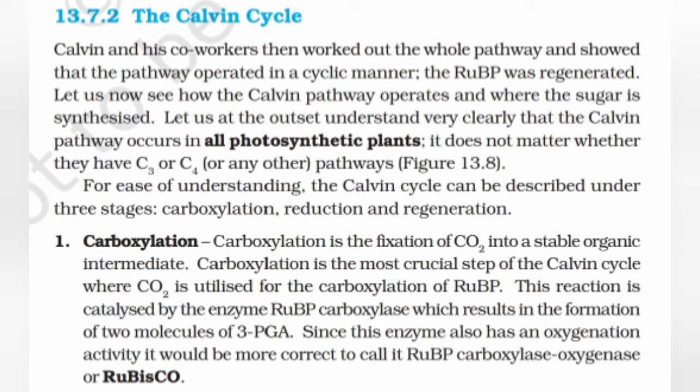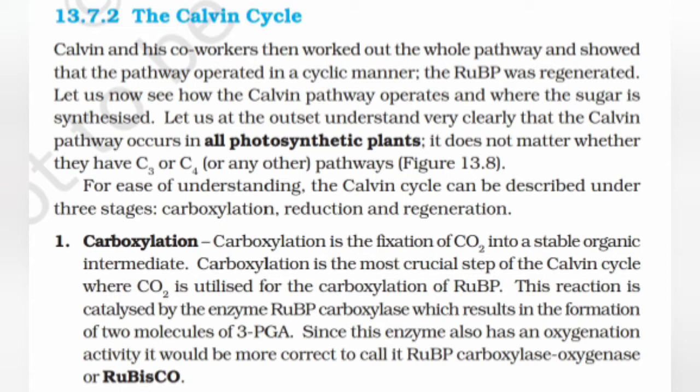First step is carboxylation. In this step, fixation of carbon dioxide into a stable organic intermediate is done. Carboxylation is the most crucial step of the Calvin cycle, where carbon dioxide is utilized for the carboxylation of RuBP. This reaction is catalyzed by the enzyme RuBP carboxylase, which results in the formation of two molecules of 3-phosphoglyceric acid, PGA.